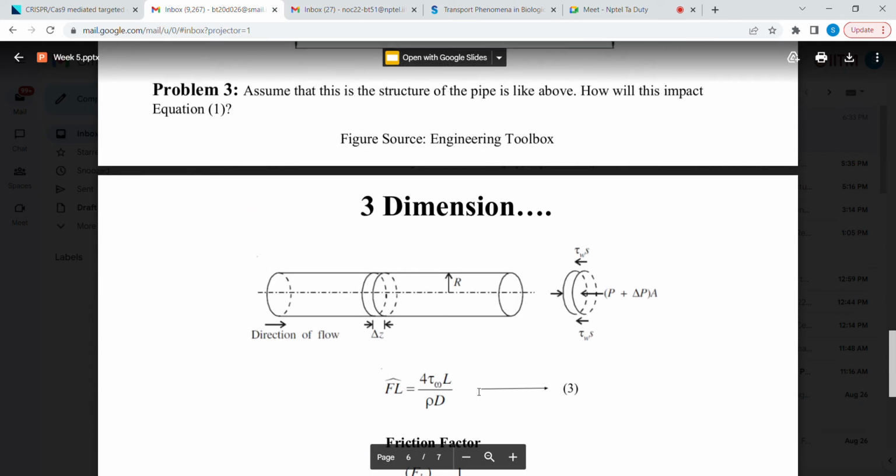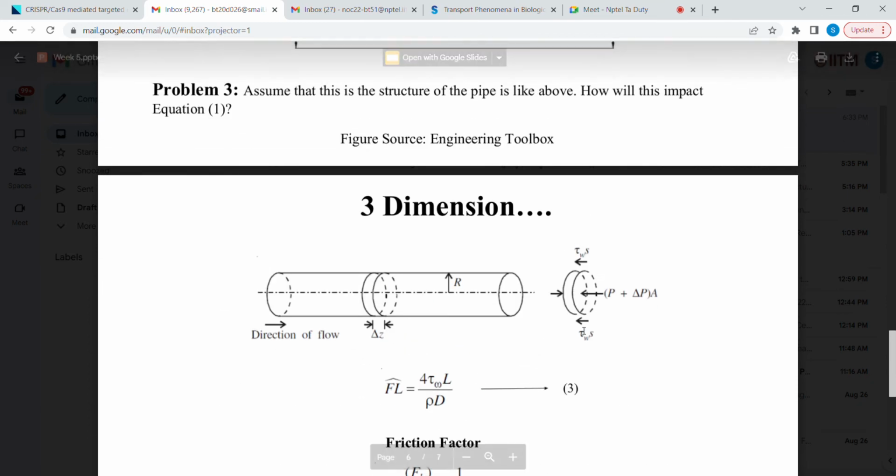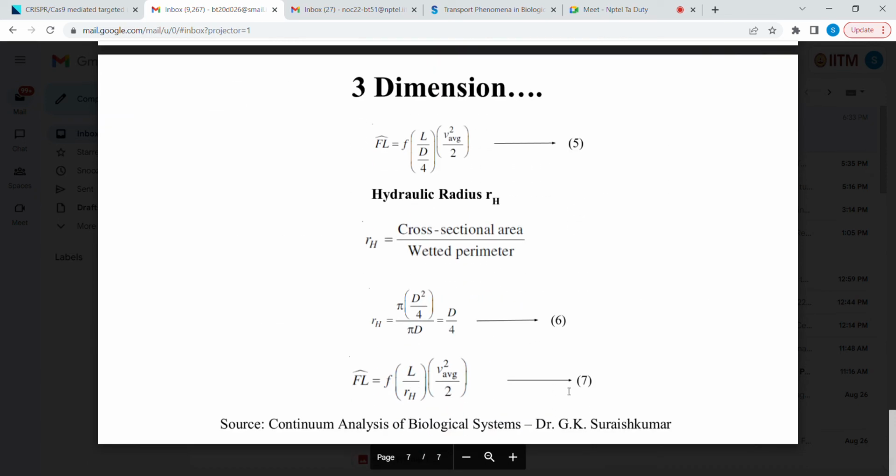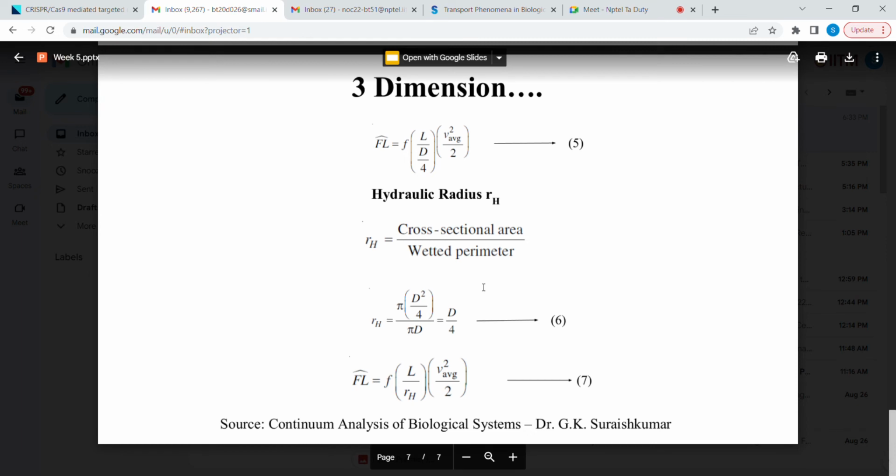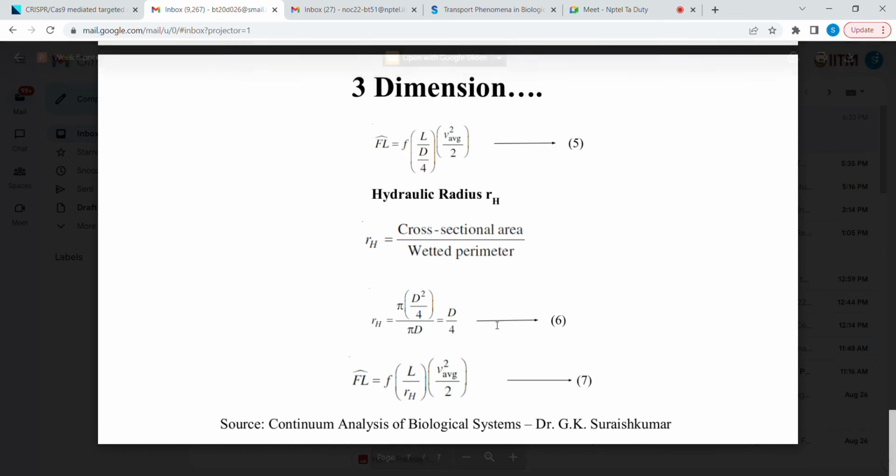Sorry, so the wetted perimeter is only the circumference, it's not the volume element. Which comes to D by 4 for this horizontal cylindrical pipe. So why do we define this hydraulic radius? Because you may not have the luxury of analyzing only cylindrical pipes.